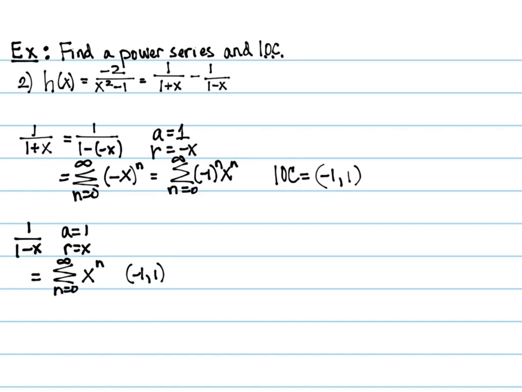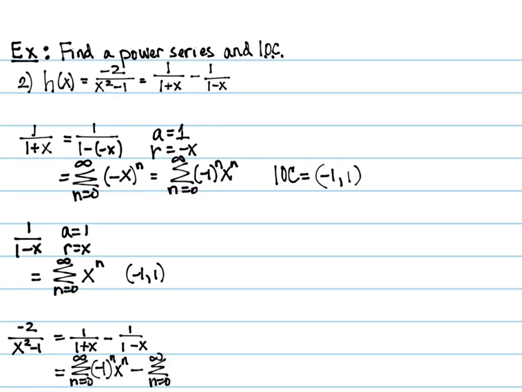These two. All right, so when I look at finding negative 2 over x squared minus 1, which we have changed to being 1 over 1 plus x minus 1 over 1 minus x, I now have the summation from n equals 0 to infinity of negative 1 to the n x to the n, minus the summation from n equals 0 to infinity of just x to the n.